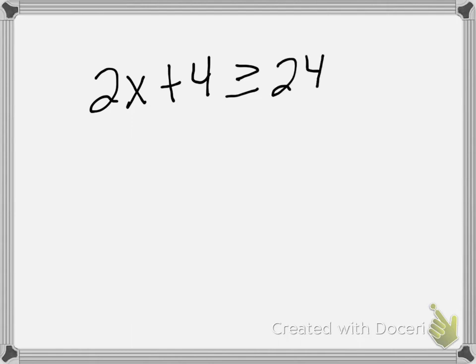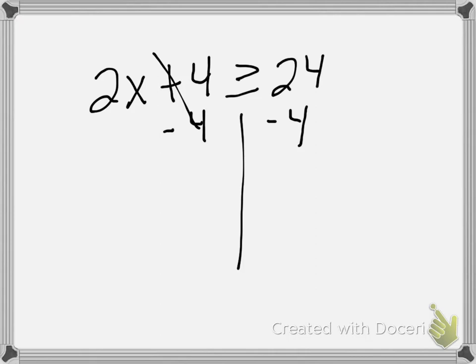Alright, let's move up to a 2-step. Let's say I have 2x plus 4 is greater than or equal to 24. Just like before with our equation, to solve for x I have to get rid of times 2 and I have to get rid of plus 4. You always get rid of what's added or subtracted first. So we're going to subtract 4 from both sides.